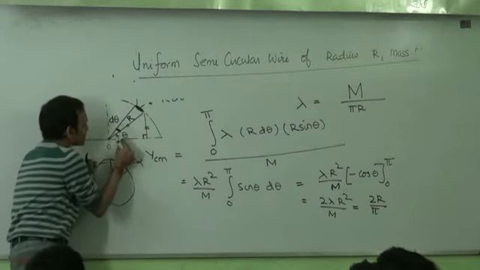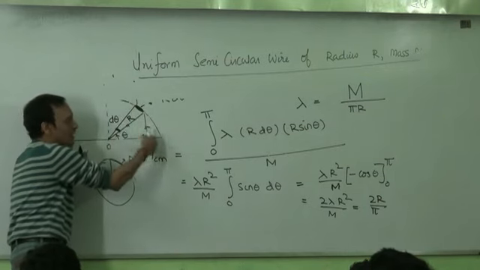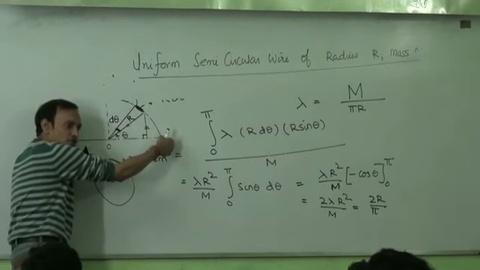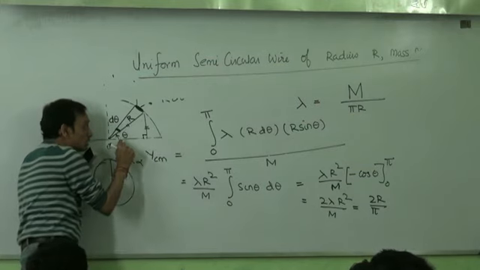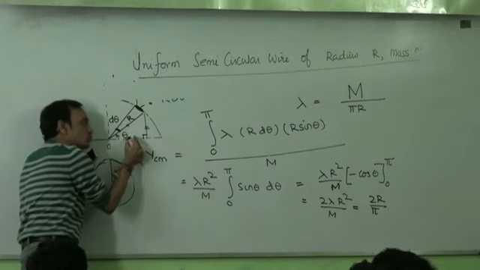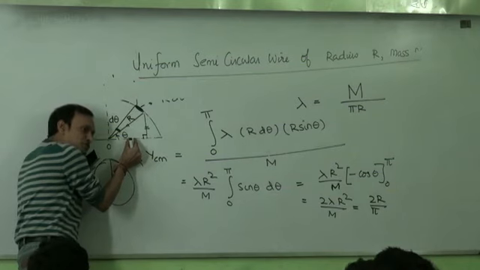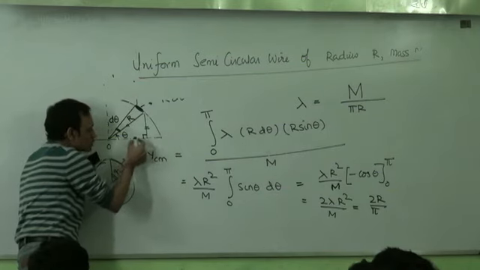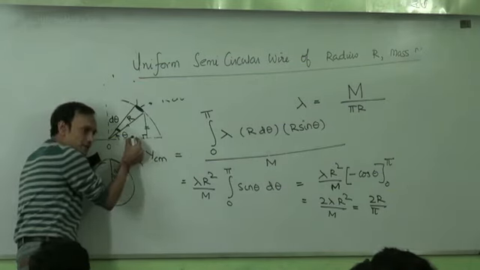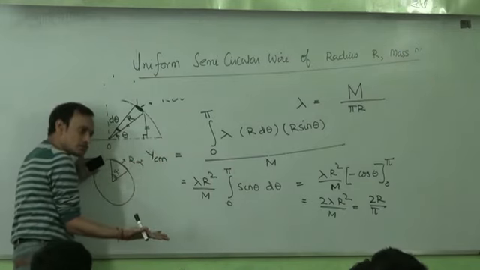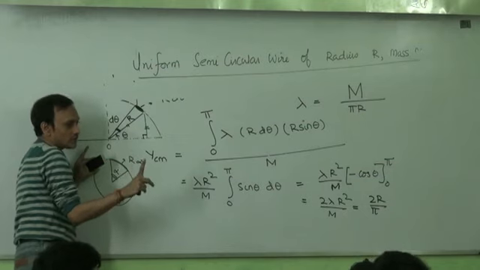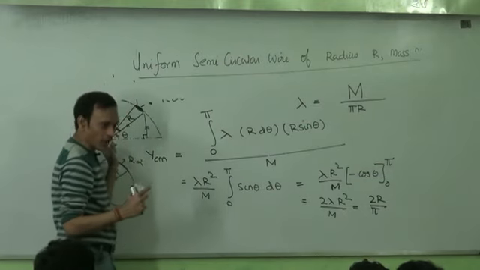Suppose I include in the semicircular wire another wire, I connect another wire across the end. Will the center of mass change? No, because if I include these mass elements, then the y for each of these mass elements is 0. So the contribution made by a mass element here, mi into 0, will be 0. The only thing that will vary is, it will not be at 2r by pi.